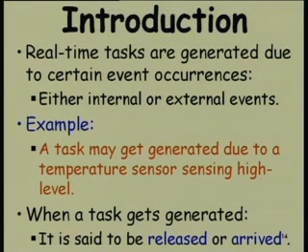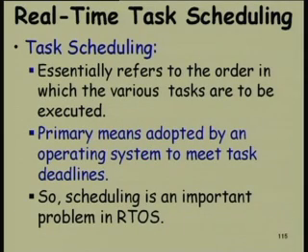So, these are some of the terminologies we had looked at, like a task is released or arrived when the task is generated due to an event, and then we had said that scheduling is an important problem, possibly the most important component of any real time operating system.